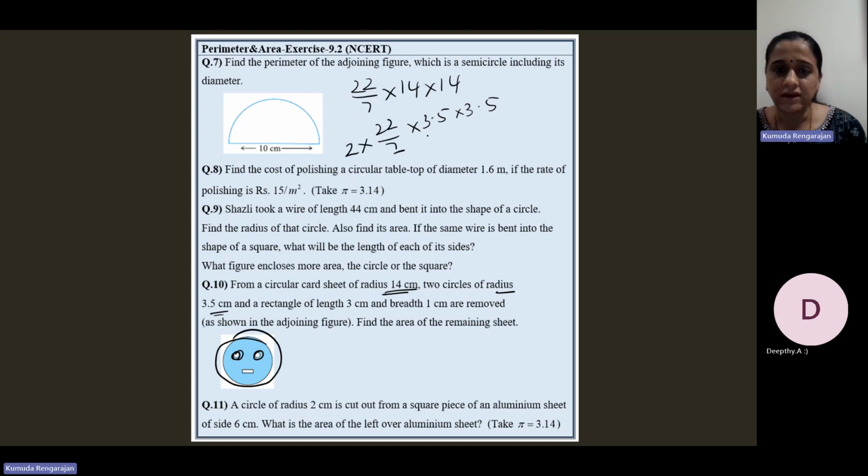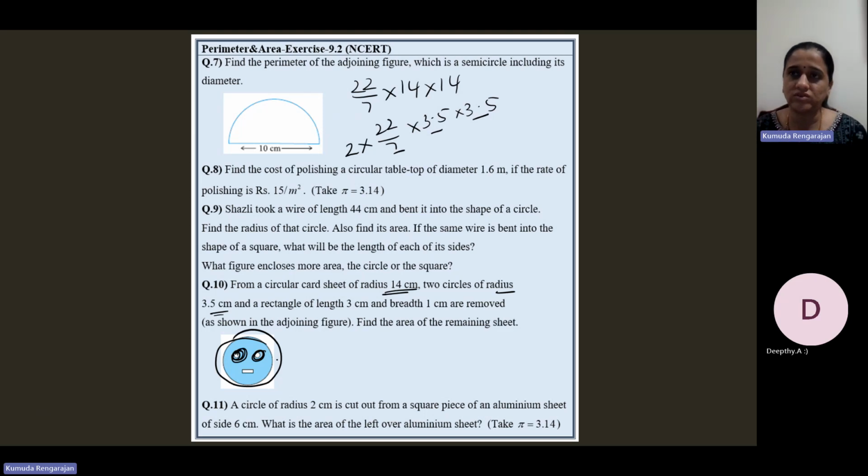See here, pi r square will give you the area of one small circle. Just put a 2 here: 2 into pi r square will give you the area of both the circles. Or you can find the area of one circle and then multiply that answer by 2.